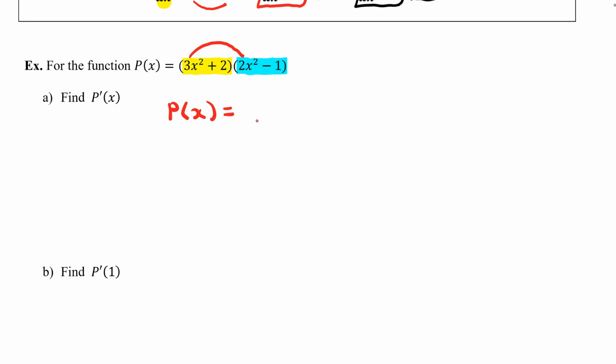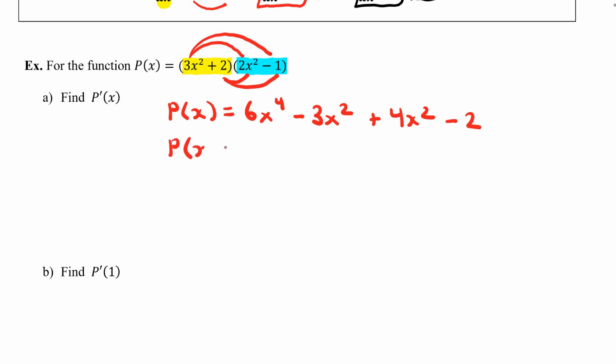3x squared times 2x squared will be 6x to the power of 4. And then 3x squared times -1 is going to be negative 3x squared. Then if we multiply the insides, we get positive 4x squared. And then 2 times -1 is -2. If I simplify this, I get 6x to the 4 plus x squared minus 2.